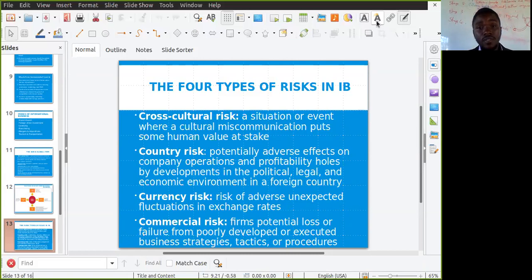Currency risk. This is the risk of adverse and unexpected fluctuations in the exchange rates. You can agree with me that in as much as you are doing business today, you might not be able to anticipate what the currency could be tomorrow. For example, when we look at the exchange rate of kwacha and dollar, that is an example of the currency risk that we can experience.